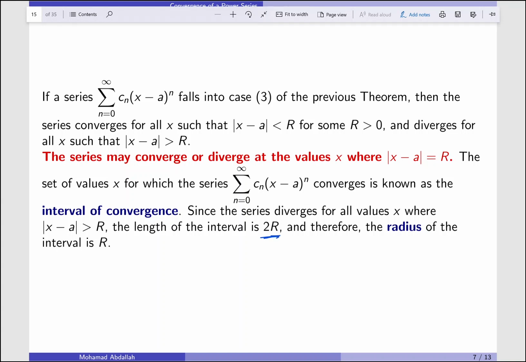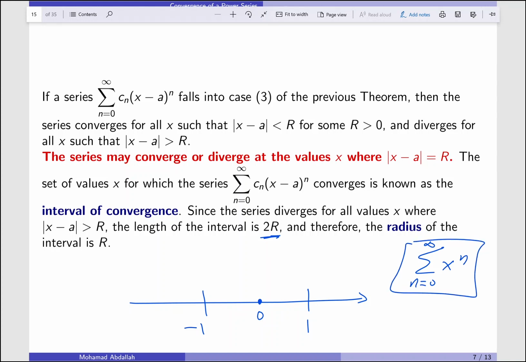So for the geometric series, we said it's from -1 to 1, and it's centered at 0, sum of x^n from n equals 0 to infinity. This is a power series centered at 0. So you will always have this case that the center is going to be in the middle of the interval. Now, as I said, we don't know what happens at the endpoints. We have to check it.